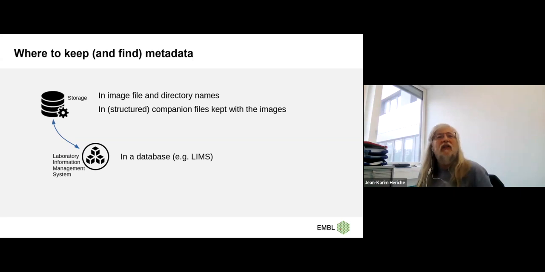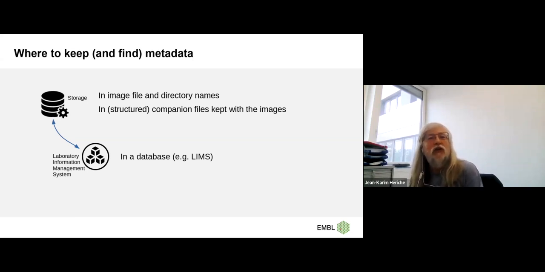So how do we keep and find metadata with images? There are basically three non-mutually exclusive ways. And I'm talking in this part about the relationship between the storage and eventually the laboratory information management system.